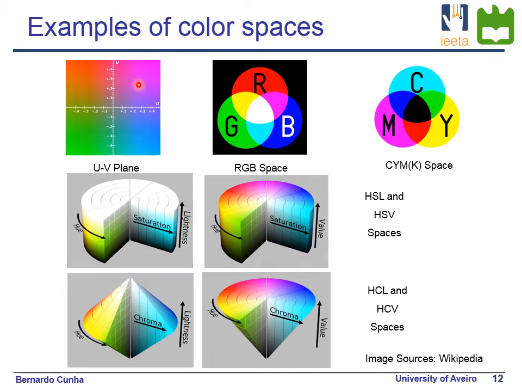There are other color spaces which are also very interesting, namely because they are closer to our own way of perceiving color than the ones that we describe or use when we work with RGB or with CMY. For instance, one quite common way of representing color is called HSV space. An HSV space is represented as a cylinder, like you see here. In fact, all the other three spaces that you see are variants of the same.